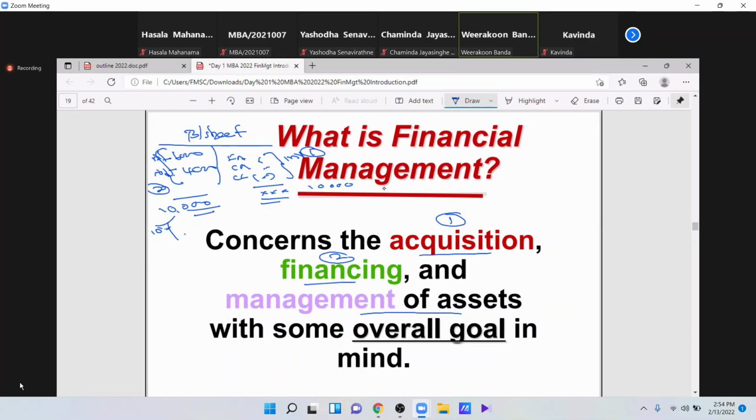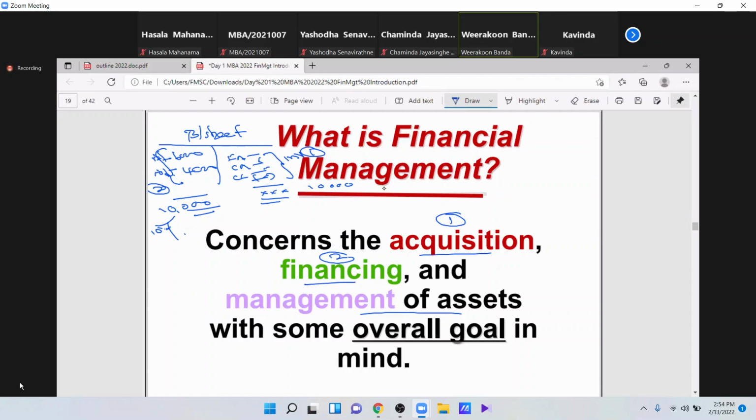Then the third one is the management of assets with some overall goal in mind. The third point is the management of assets. Already we have acquired some assets here: maybe furniture, motor vehicles, plant and machinery, inventories, debtors. Likewise, there are different kinds of assets here. So you have to make a proper management system for the investment.